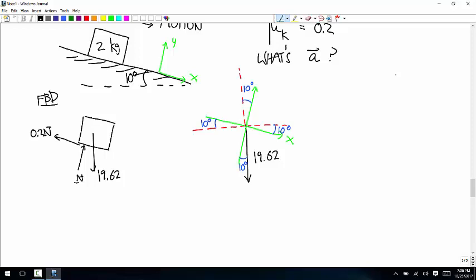Could you not draw it with the red? Like you just draw it with the normal coordinate system. You do the red thing and add the 10 degrees. That just messes it up. Right now? Yeah, sure, please.